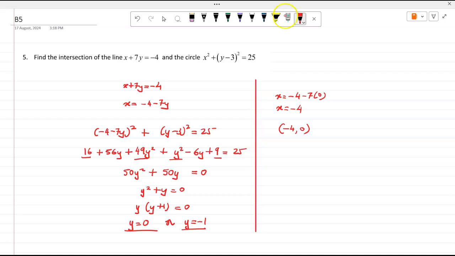Now I'll put y is equal to minus 1: minus 4 plus 7, so that's 3. So 3 comma minus 1. These are the two points of intersection of the circle and the line.